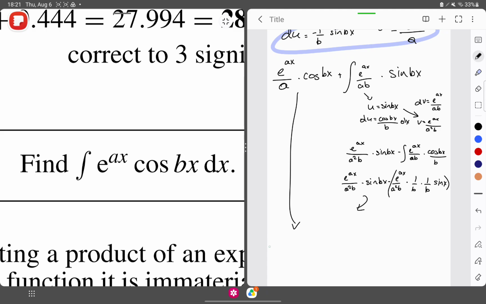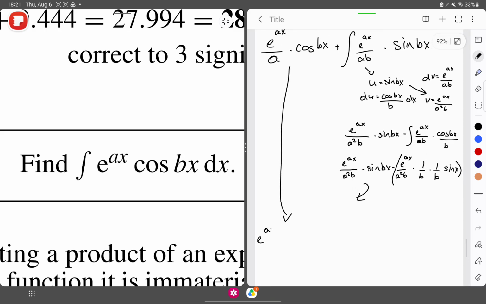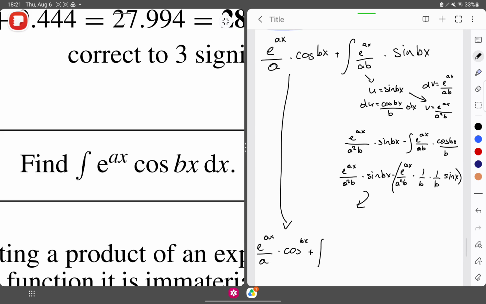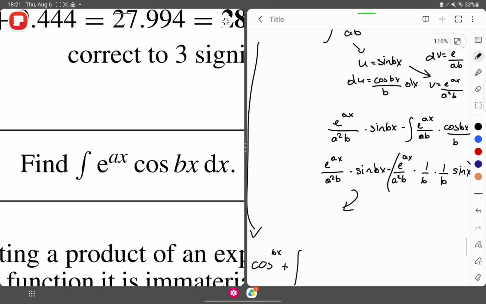And this one like this, e to the power of ax over a times cos bx plus this one is what? We are just calculating this one.